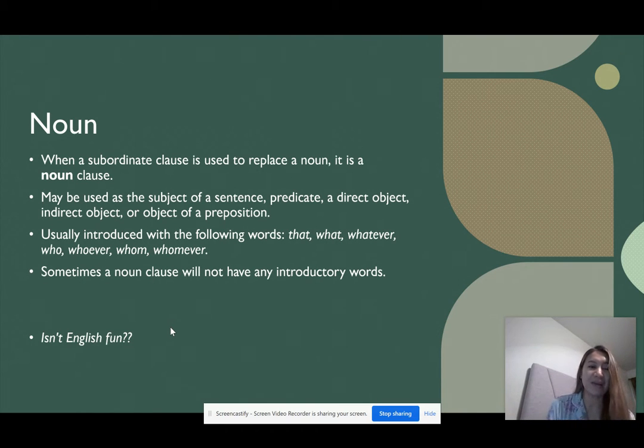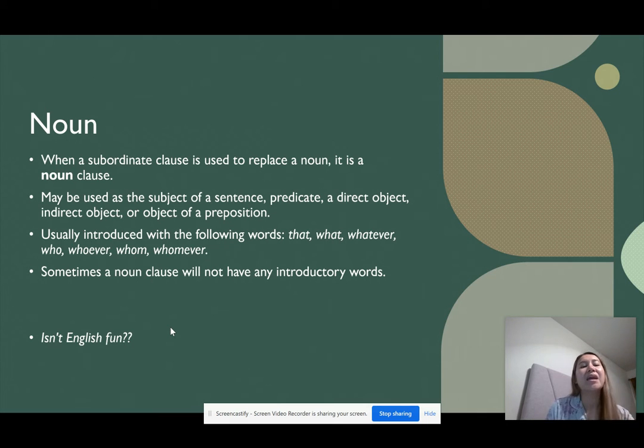First, when a subordinate clause is used to replace a noun, it is a noun clause. Let's step back a little bit by defining what a noun is. A noun names a person, place, or thing. Now, if our group of words replaces a noun, therefore it's called a noun clause.